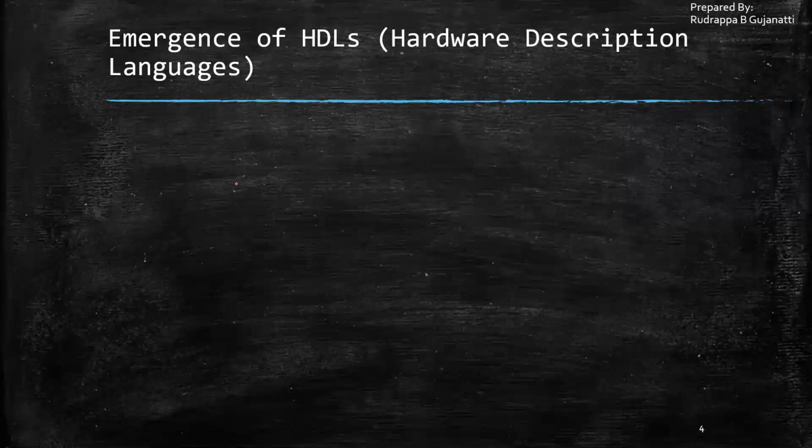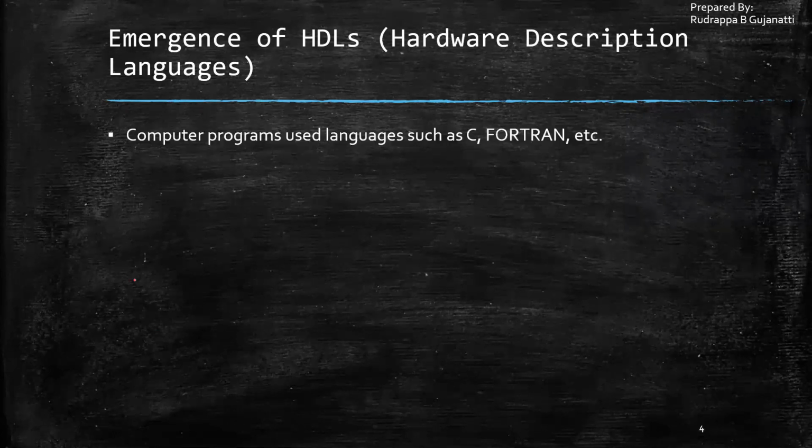Next is the emergence of HDLs, that is hardware description languages. We had seen computer programs such as C, Fortran, C++, and Pascal. These all existed in the previous cases.